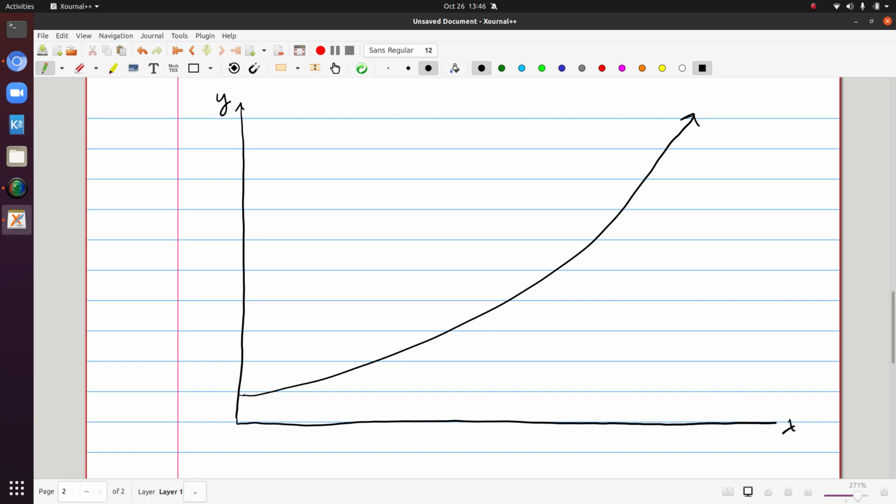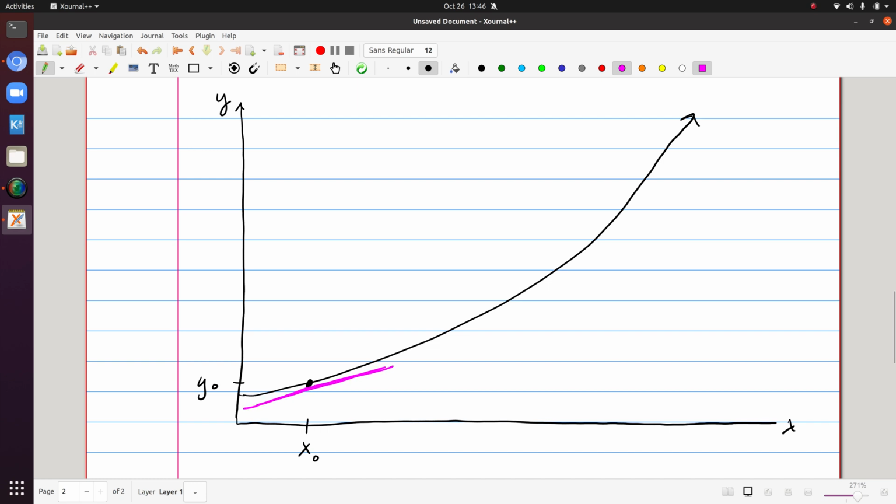So if that's the actual solution here, what we're saying is suppose I have the point that it passes through that's given in that initial condition, x naught, y naught, and the other information we have is the derivative of the solution function at the point x naught, y naught. So we have complete information then about the slope of the line tangent to this function here. So let's think about what that would look like.